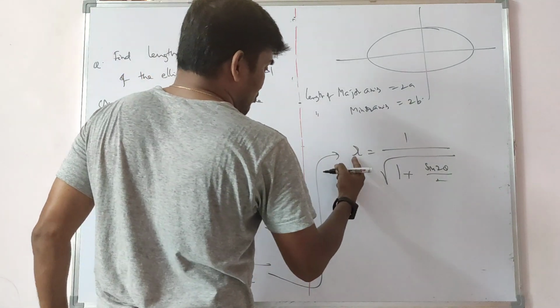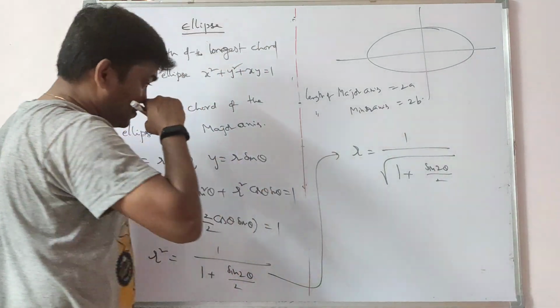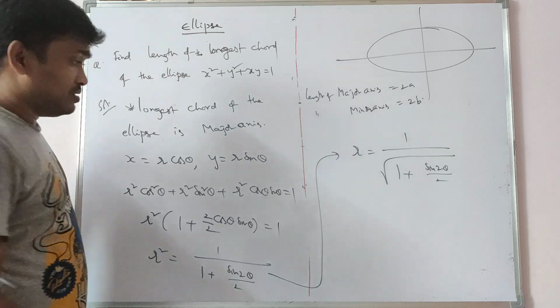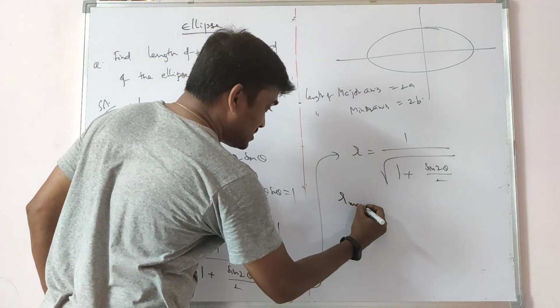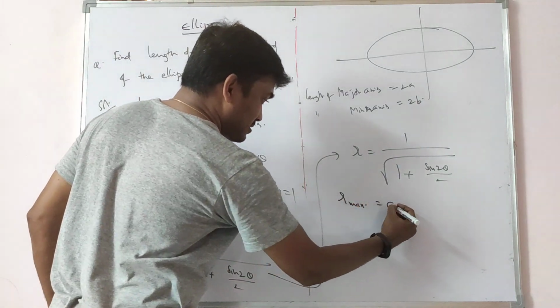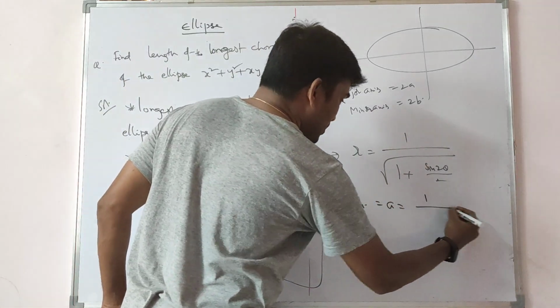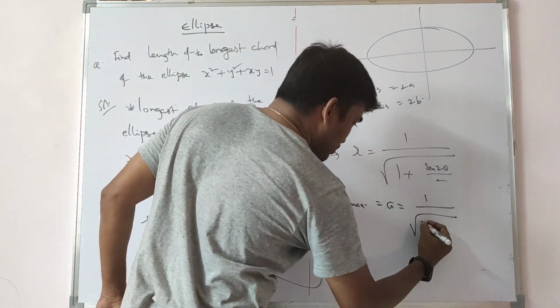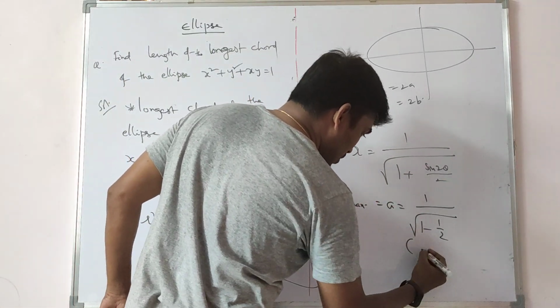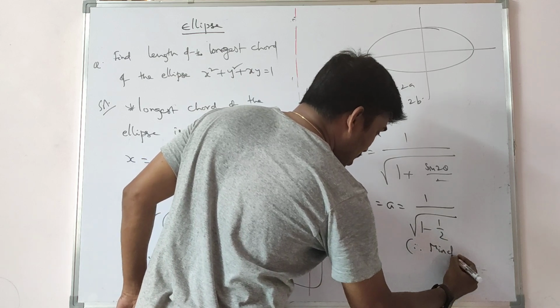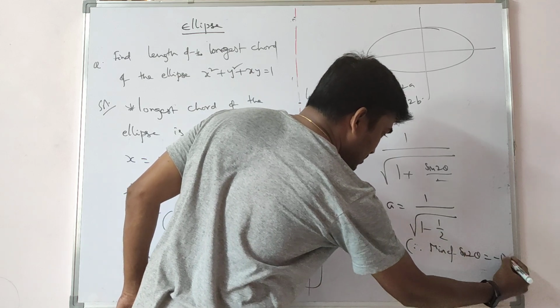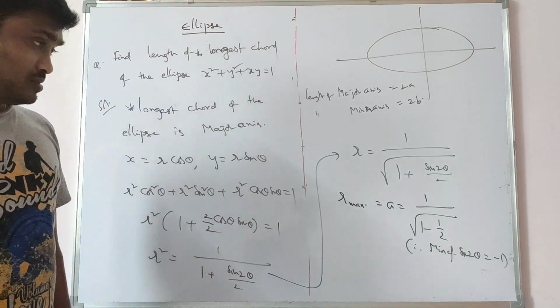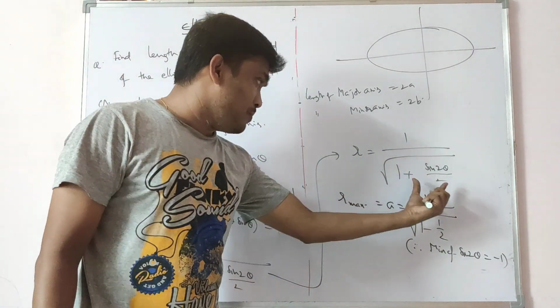Now maximum means here I need the maximum value. So r maximum means we get a. Where it is possible maximum, the denominator should be minimum. That means 1 minus 1 by 2, taking the minimum of sin 2 theta. It is minimum means it should be maximum.